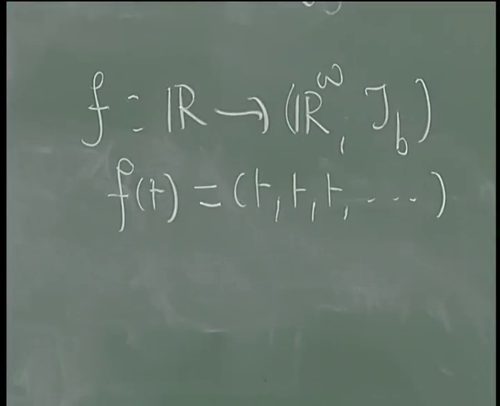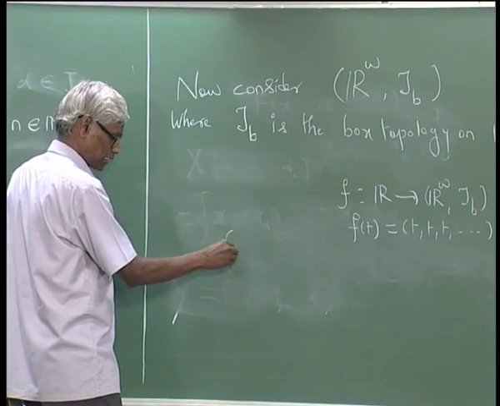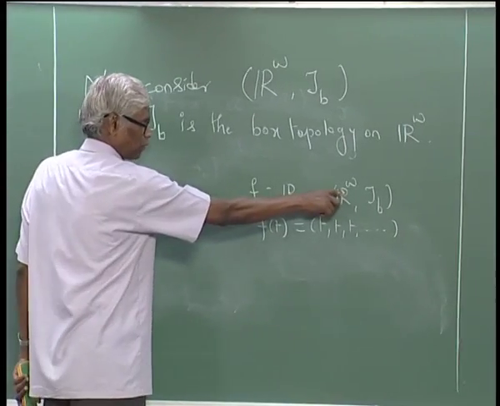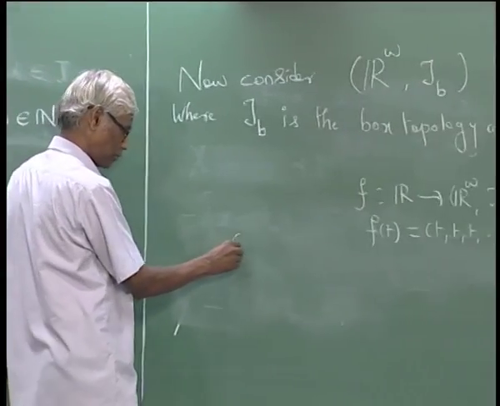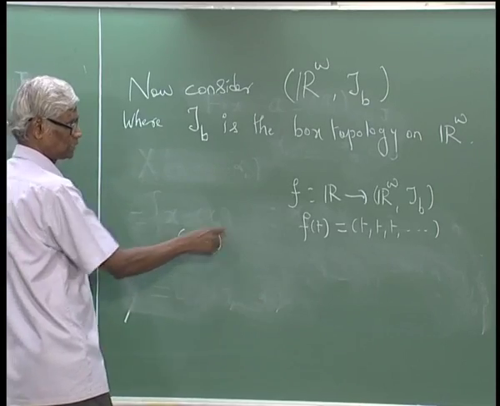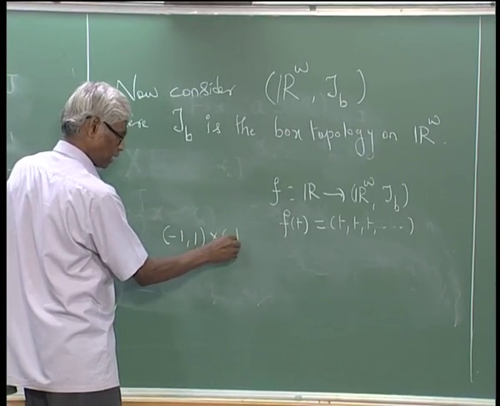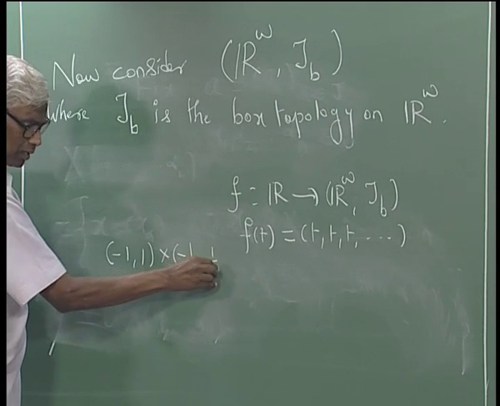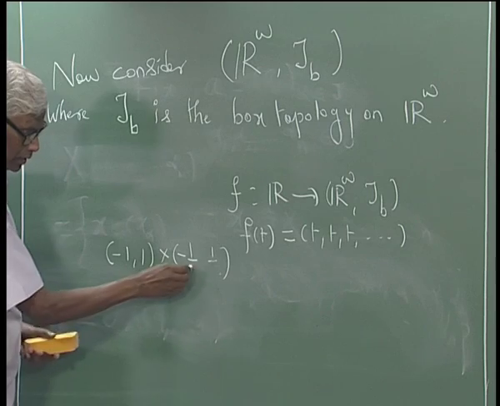In fact, while proving that, we have seen that in R^ω with the box topology we have the freedom to take the open set (-1, 1) cross (-1/2, 1/2) cross and so on, each an open set in R.